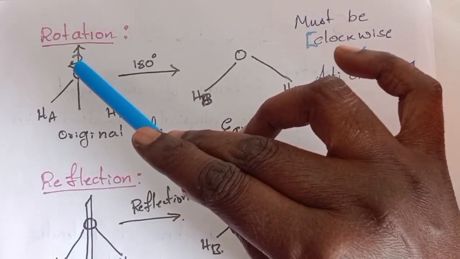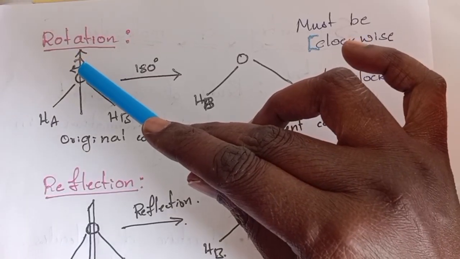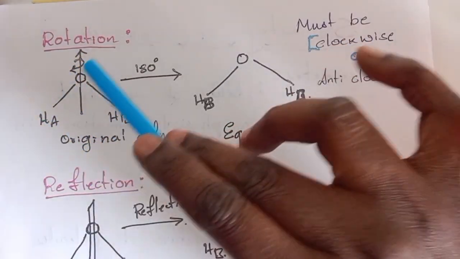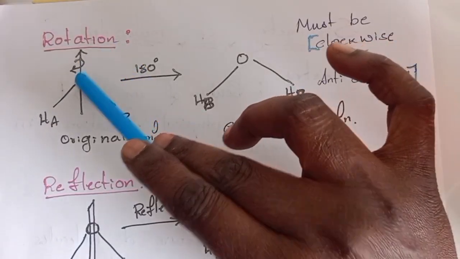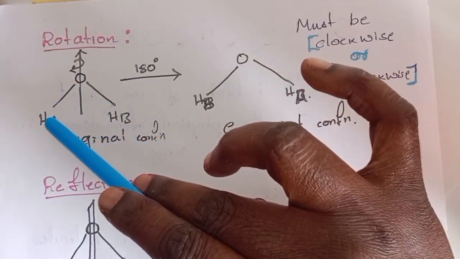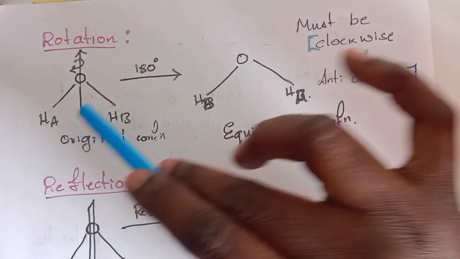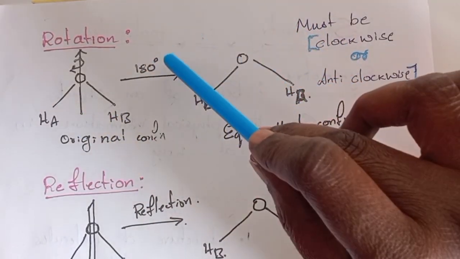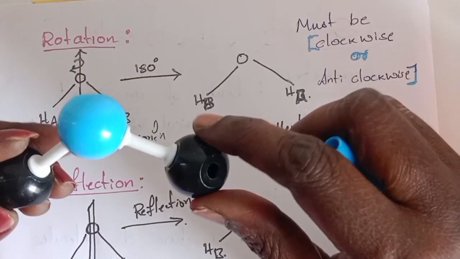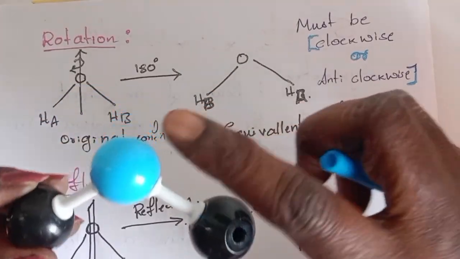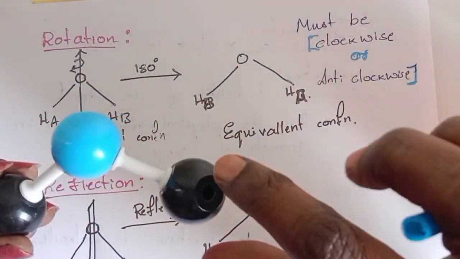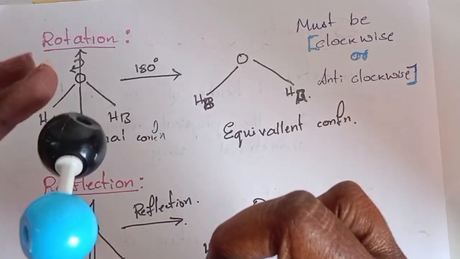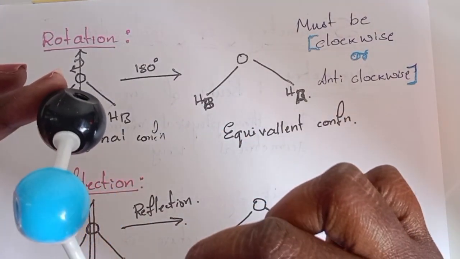For example, take the water molecule, which has a V shape: H2O, oxygen with two hydrogens. If we label the hydrogens HA and HB, and rotate by 90 degrees, it will not give the equivalent configuration because the structure is different.